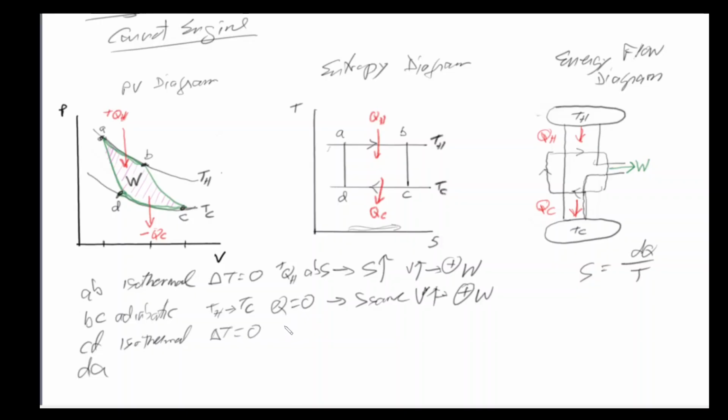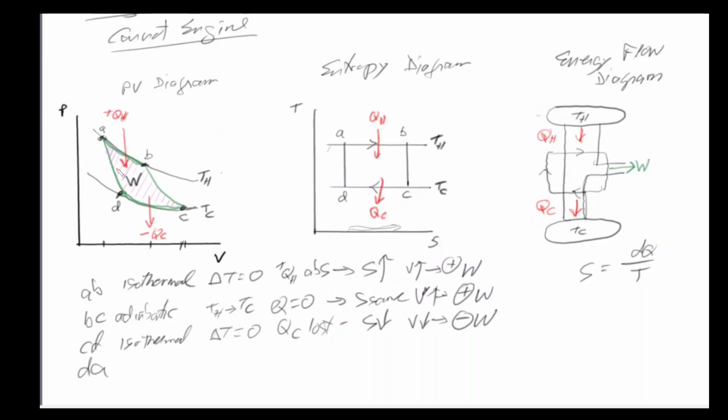So we have QC is lost. So since Q is going down, entropy goes down. And our volume is changing from volume at C to volume at D, which means the volume is decreasing. So there's work done, but in this case, it's negative work.